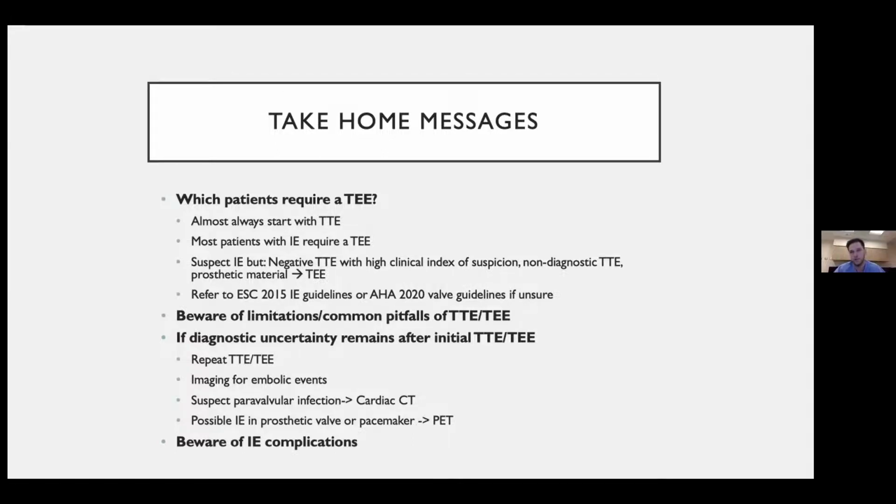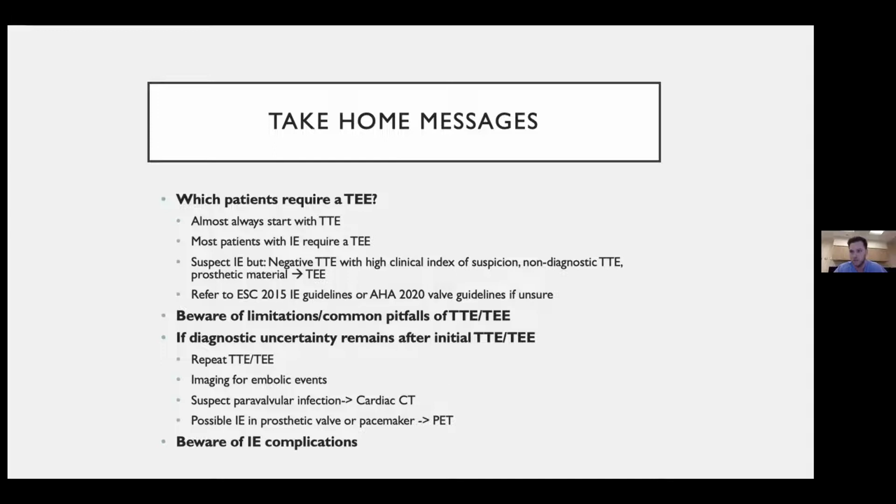If you're unsure, the ESC 2015 endocarditis guidelines and the AHA 2020 valve guidelines are really good resources. I think they're both great algorithms, and there's lots of information there. We should be aware of the limitations of echo and common imaging pitfalls. If diagnostic uncertainty remains after echo imaging, one can consider repeat echo imaging, and imaging for embolic events.